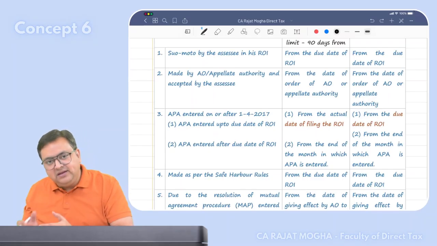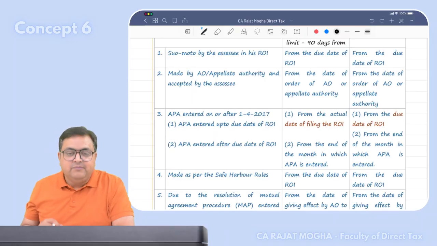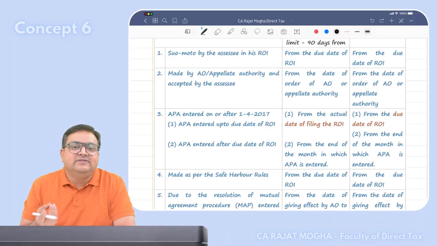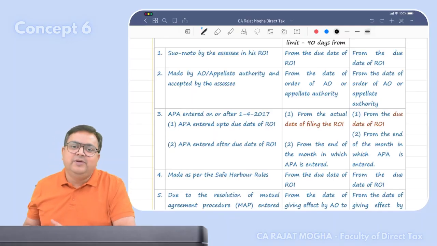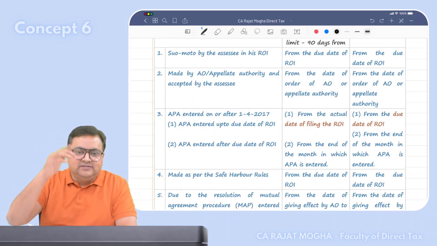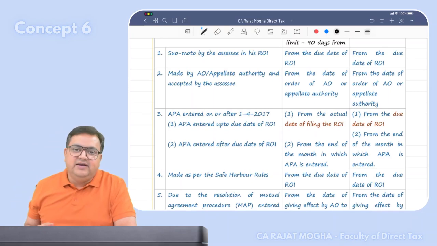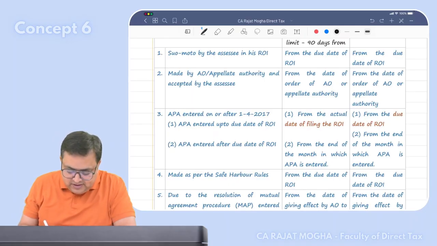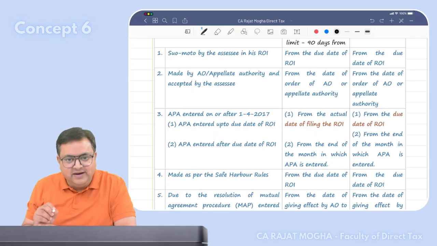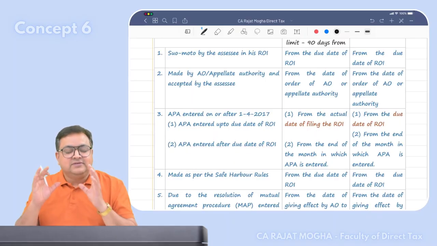But if the APA is entered after the due date of ROI, it means you have already filed your ROI and thereafter the APA is entered. Because at the time of filing ROI, you did not know what the ALP was, as there was no APA. When the APA comes, only then you will understand that this is the ALP and this is the amount I need to bring back. Logical. So if the APA is entered after the due date of ROI, please guys, don't mug it up.